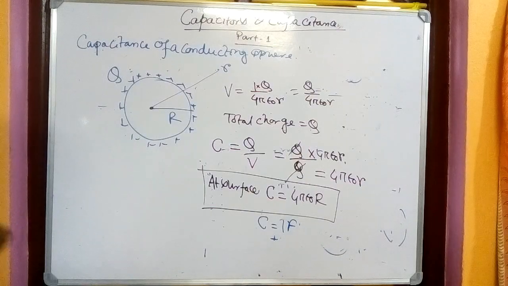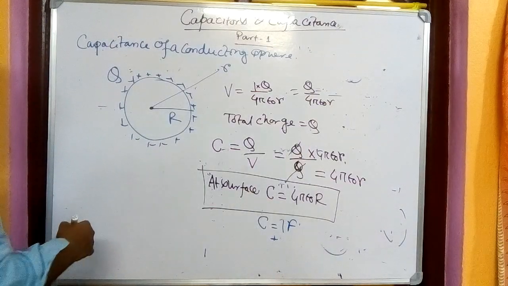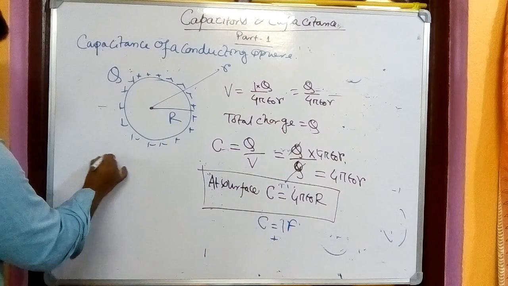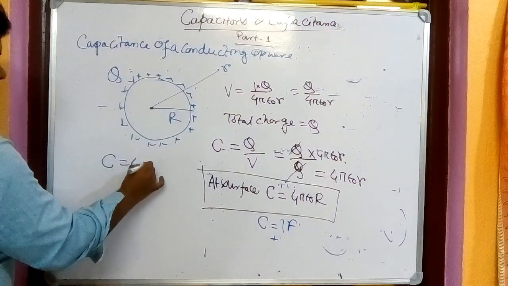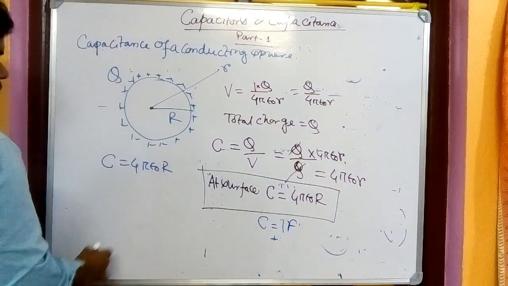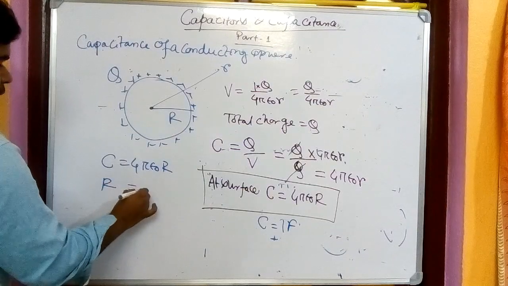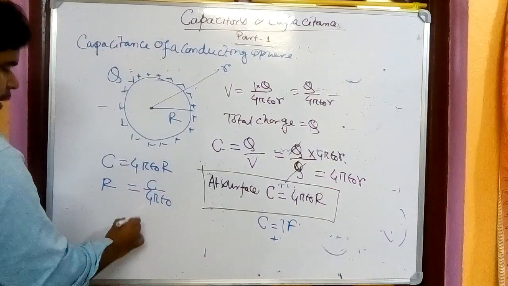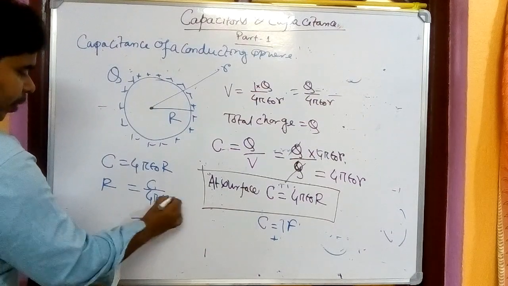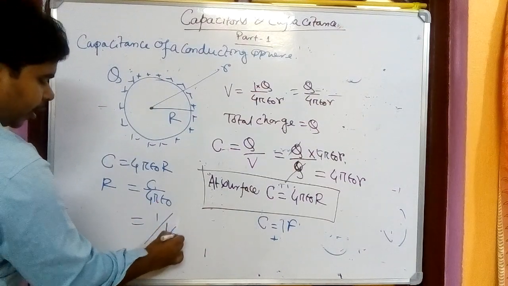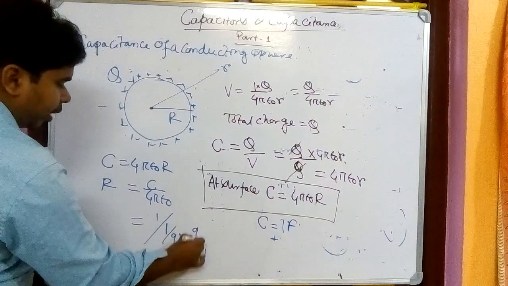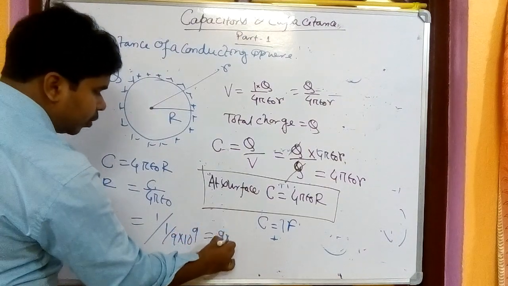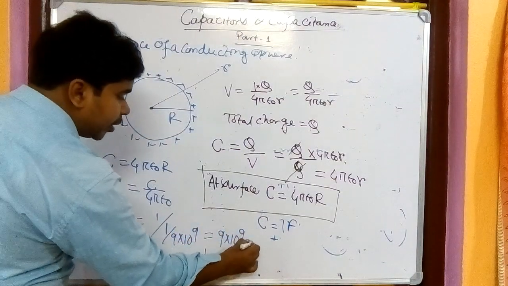Okay, let's see. C equals 1, and C equals 4 pi epsilon naught R. So R equals C by 4 pi epsilon naught. C is 1 and 4 pi epsilon naught means 1 by 9 into 10 to the power 9. So the answer is 9 into 10 to the power 9 meter.